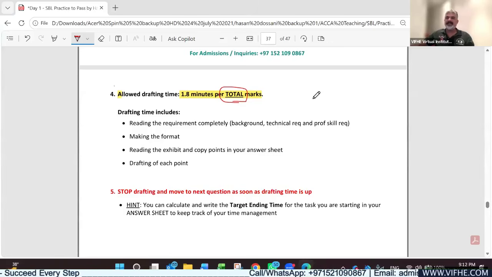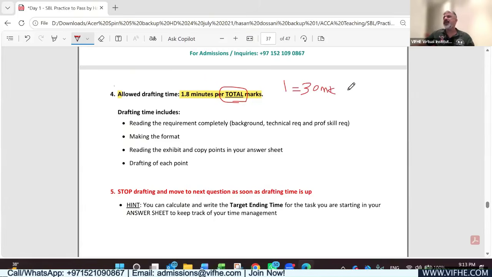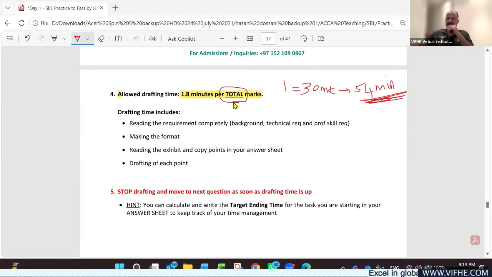So task number one was how many marks? It was 30 marks, right? How many minutes was it? 54 minutes. So in that 54 minutes, what are you supposed to do? Is it only drafting? No, you have to read the exhibit. So it's a lot of things.